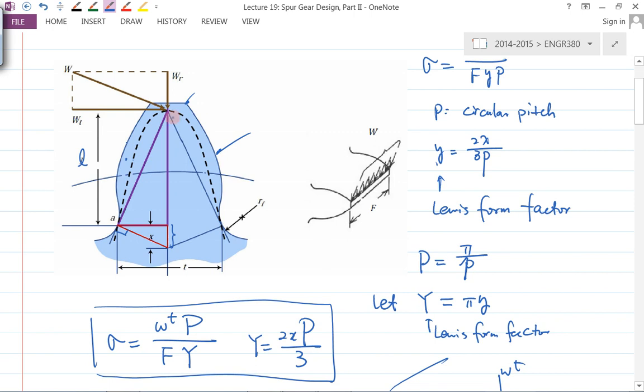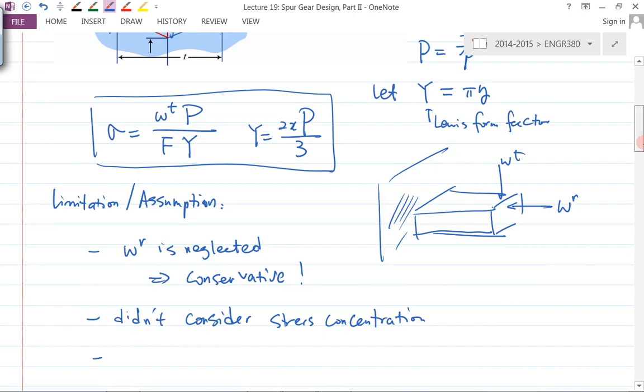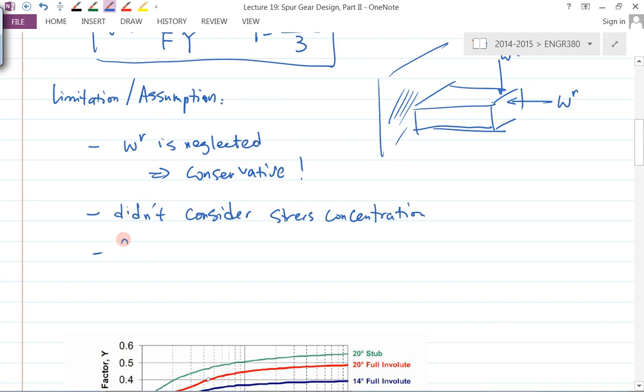However, the way we calculate the Lewis equation, we consider basically the most extreme case at the tip. That's actually not a bad thing. So that's another one here: force is concentrated at the tip.